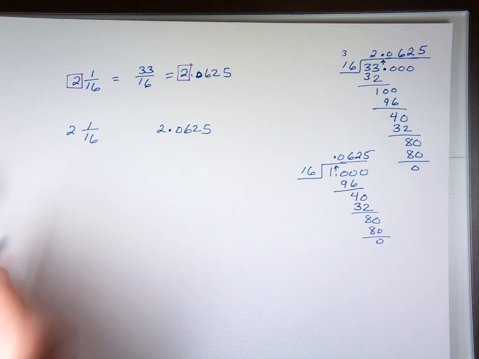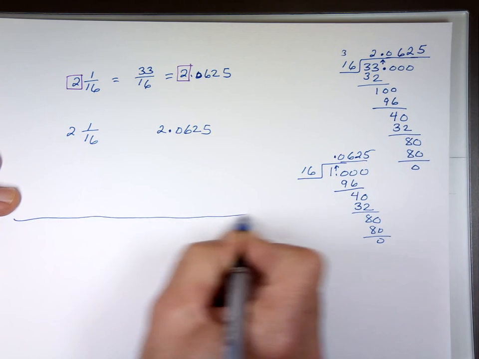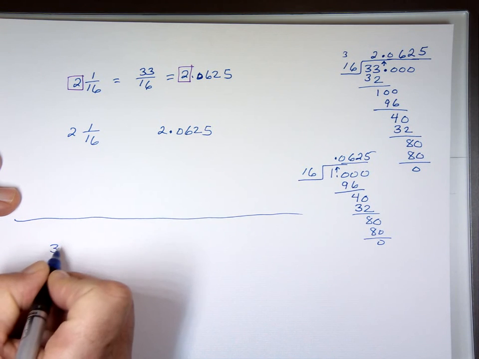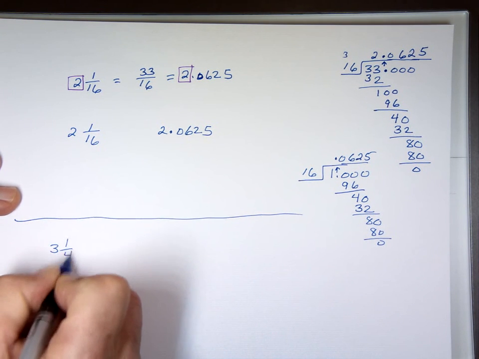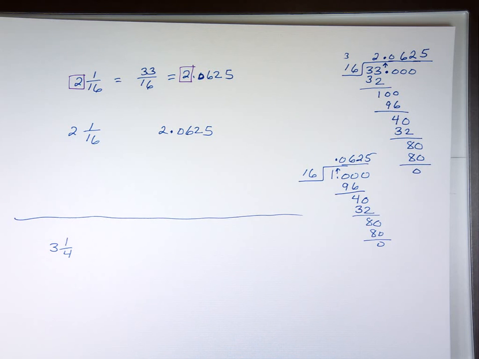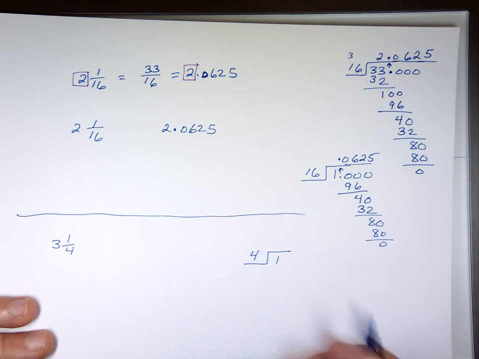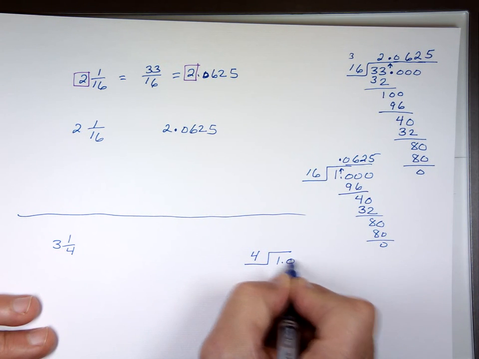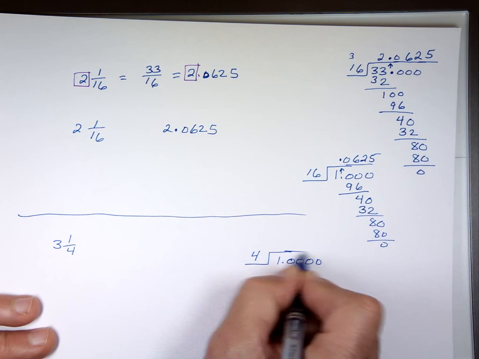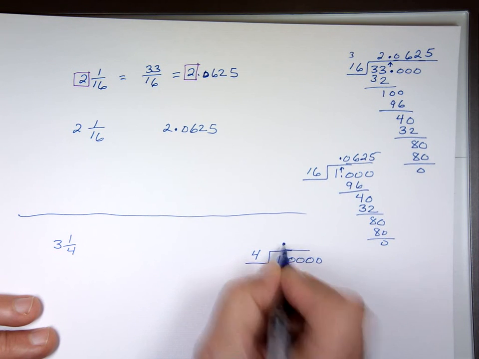Like if I have 3 and 1/4. I go, what's 1 divided by 4? Here's my decimal point. Add a lot of zeros if you need them. Bring that decimal point up. You can't divide the 1 by 4.